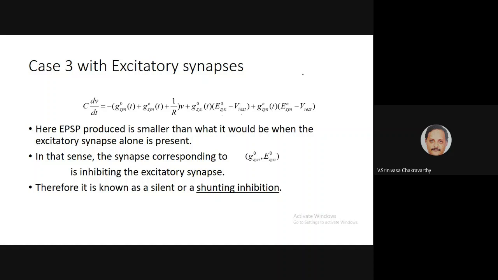Now imagine a postsynaptic membrane where there is a presynaptic side. Let me imagine this, I'll draw it a bit weirdly.